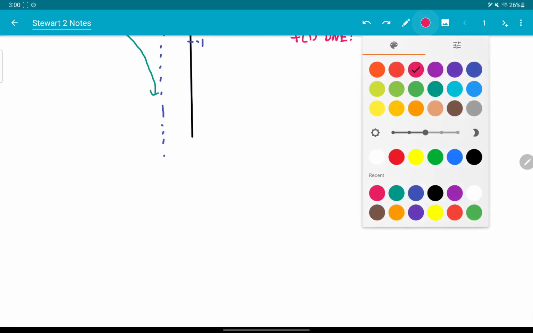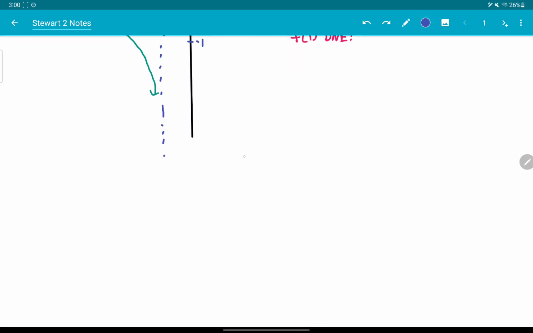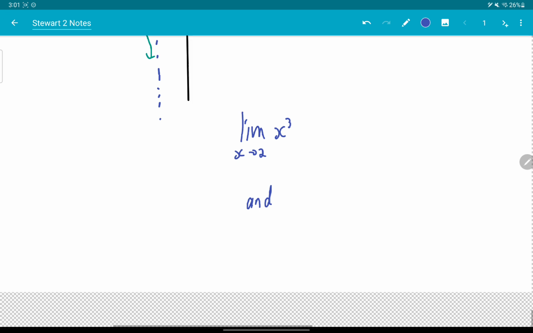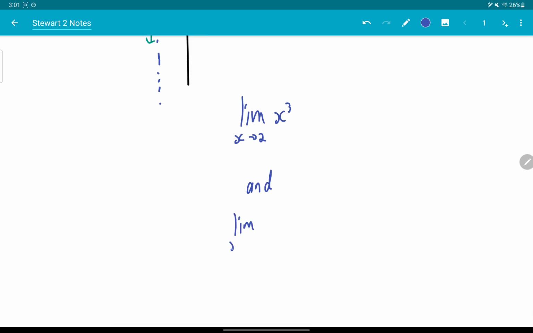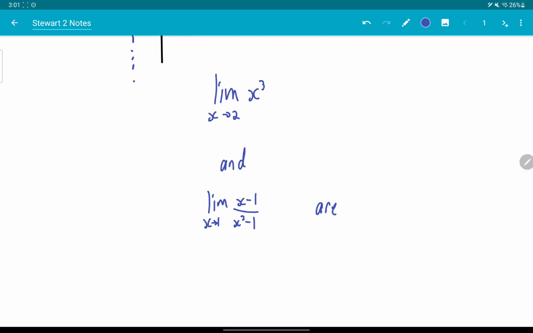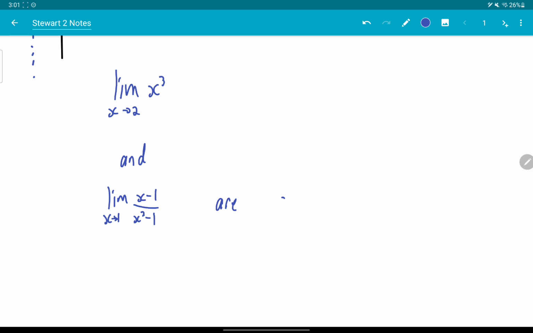Now, these limits we've done so far, the limit as x goes to 2 of x cubed, and the limit as x goes to 1 of x minus 1. I've mentioned this before, but I want to emphasize it. These are called two-sided limits.